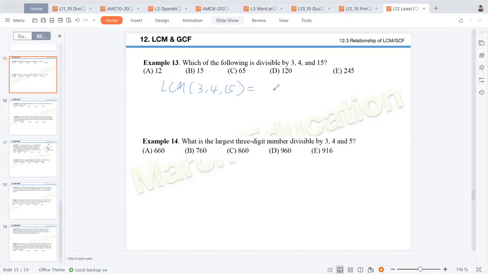Yeah, all of you get the right answer. So because these two are relatively prime, this equals, I find 3 times 4 is 12, and 15. So this equals 120.